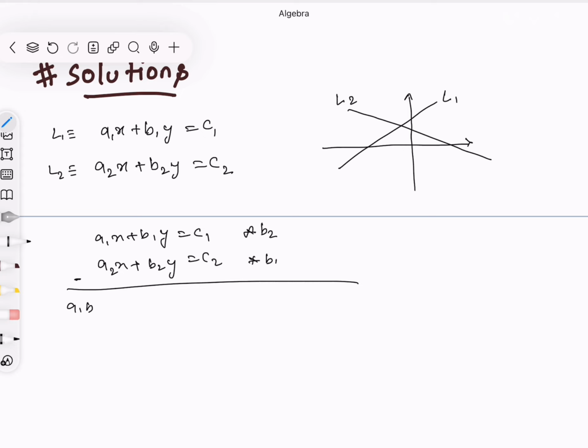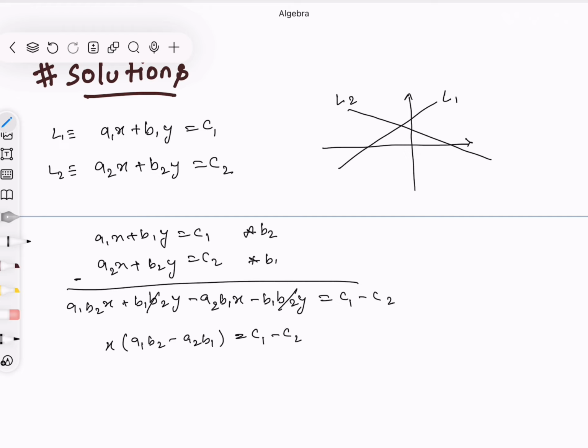So this would be a1b2x plus b1b2y minus a2b1x minus b1b2y equals c1 minus c2. So you see the y terms go, and here you have x times (a1b2 minus a2b1) equals c1 minus c2. So x equals (c1 minus c2) upon (a1b2 minus a2b1). So you have x from here.